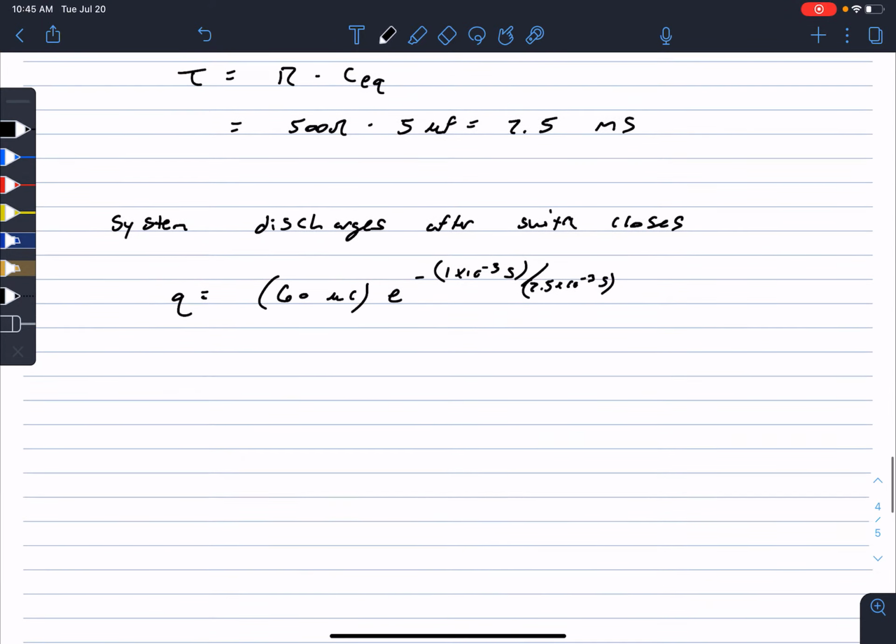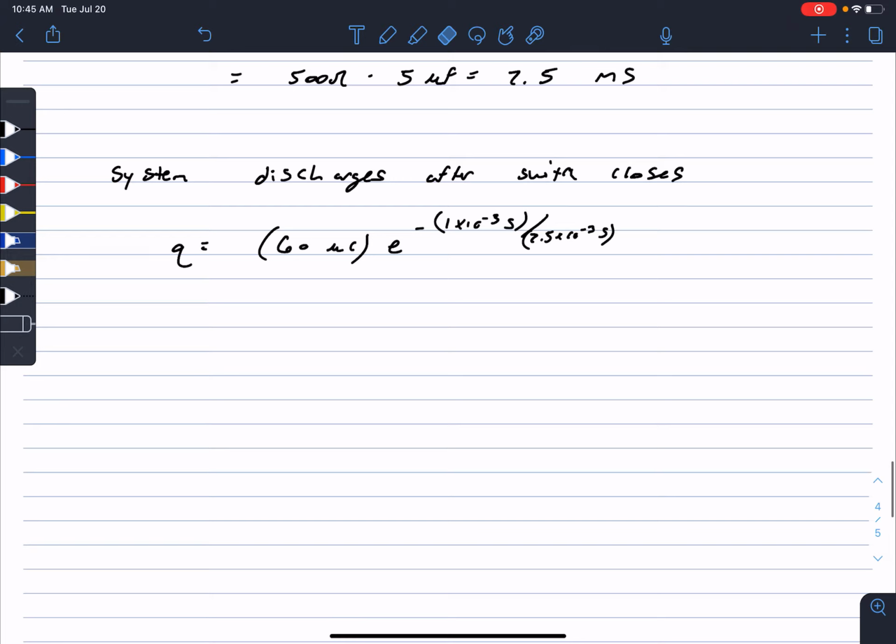So those units cancel. Now we're left with 60 microcoulombs times e to the negative 0.4. That's going to give us a value of 40.23 microcoulombs.